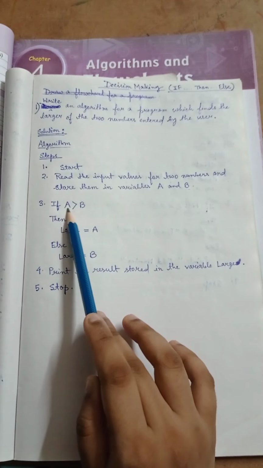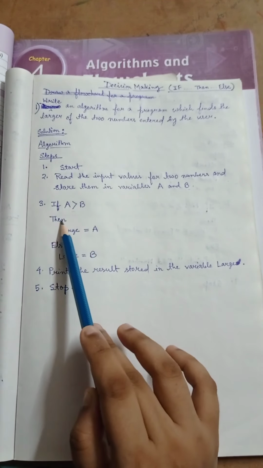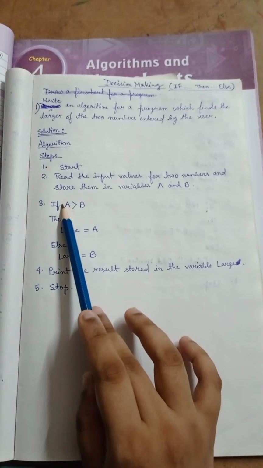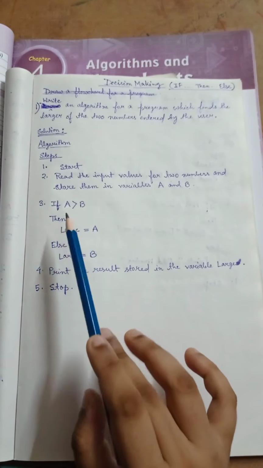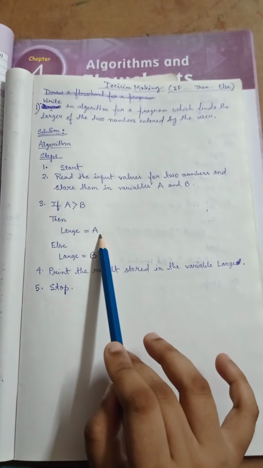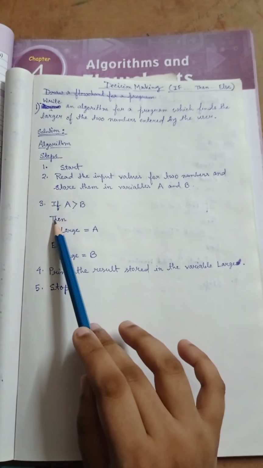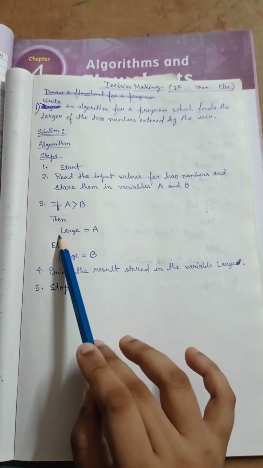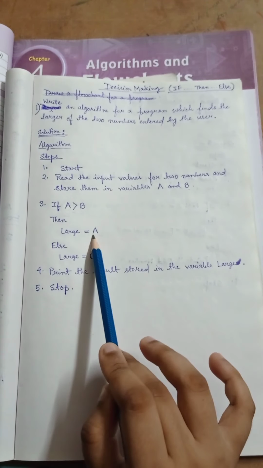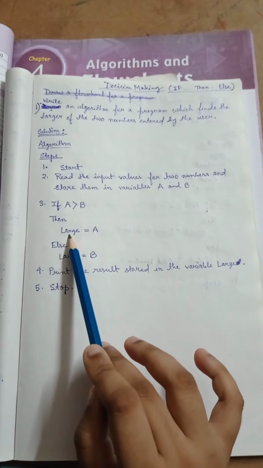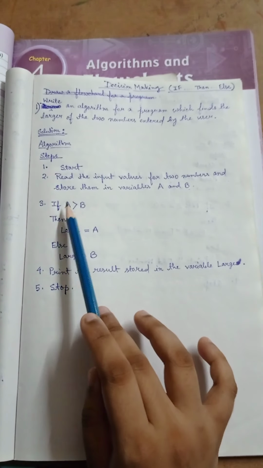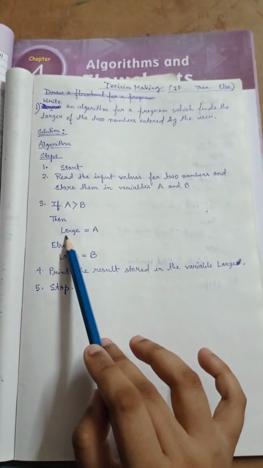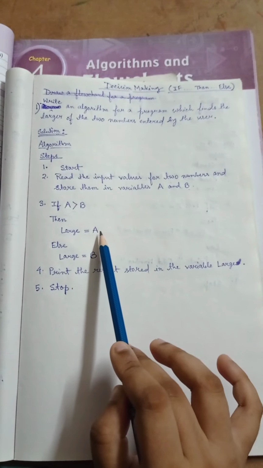If this condition is true, then this statement will execute. So under then you have to write the true statement, which is large equals a. Here large is a variable. If a is really greater than b, then large is equal to a.